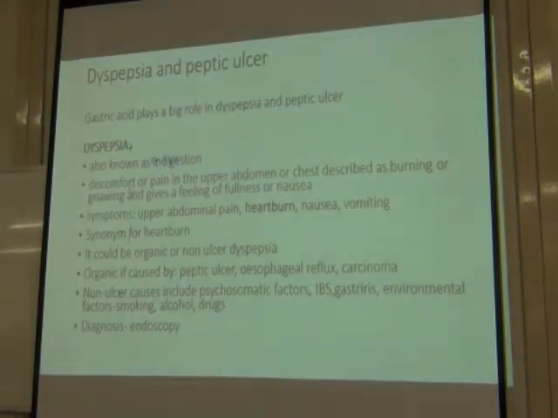If a person has dyspepsia or even an ulcer, to identify the cause, what needs to be done is called an endoscopy. An endoscopy is the diagnostic procedure used to determine if a patient has an ulcer based on the symptoms they are presenting with.